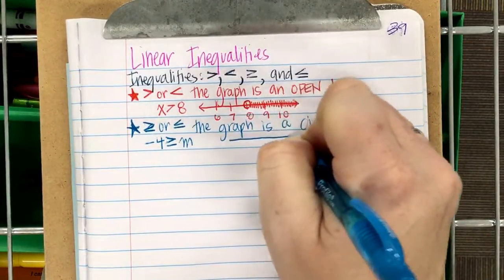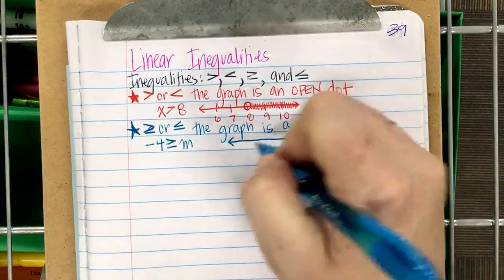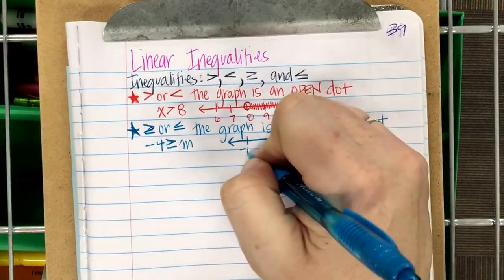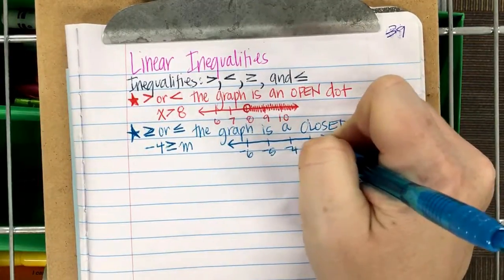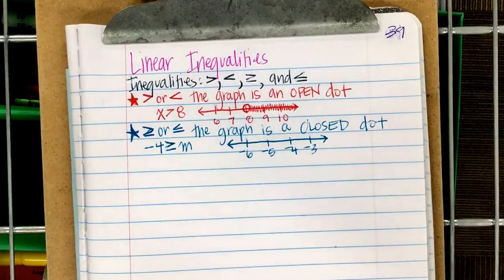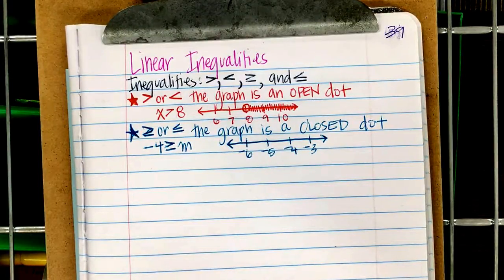I'm going to draw a number line. And -6, -5, -4, -3. Now, some people don't like it if the variable is not written first. Looking at this is confusing. They don't know what to do.